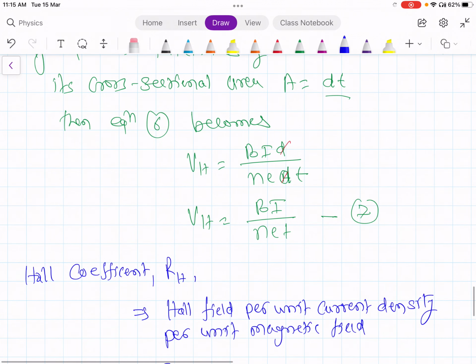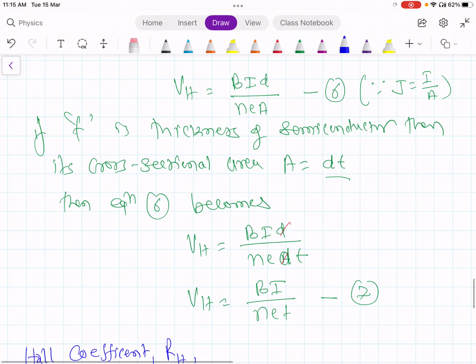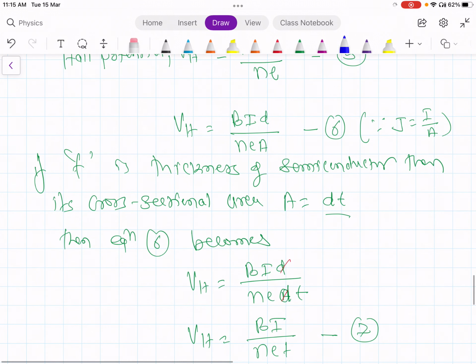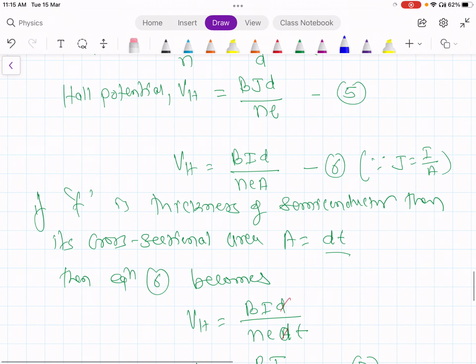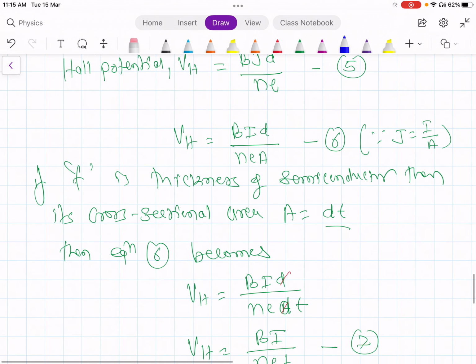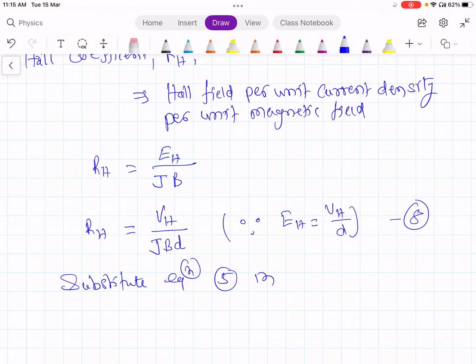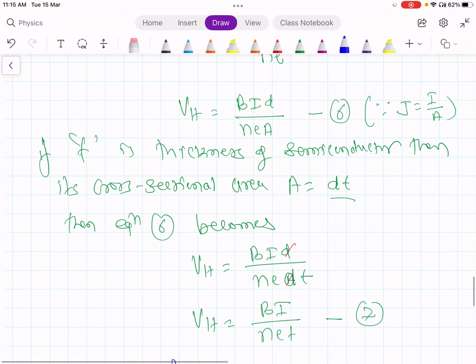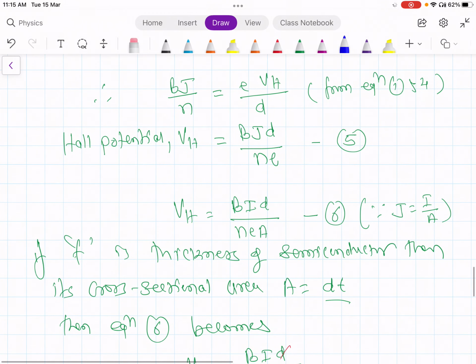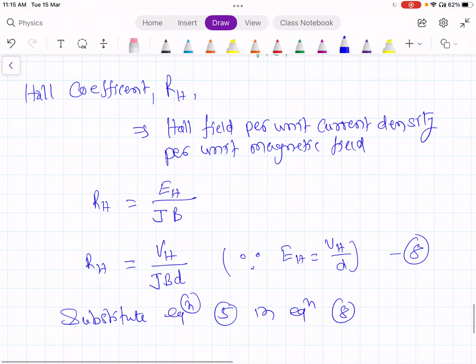Then let us substitute the value of VH. VH is, as per equation 5, let us write this. Substitute equation 5 in equation 8. Equation 5 is given over here. Equation 5 is B J d by N e. VH is B J d by N e.